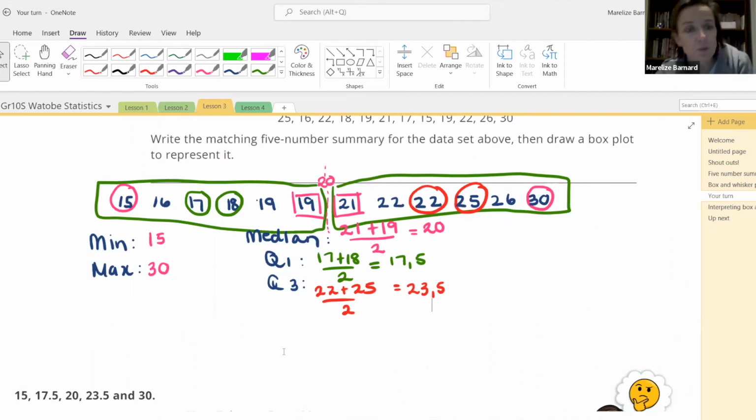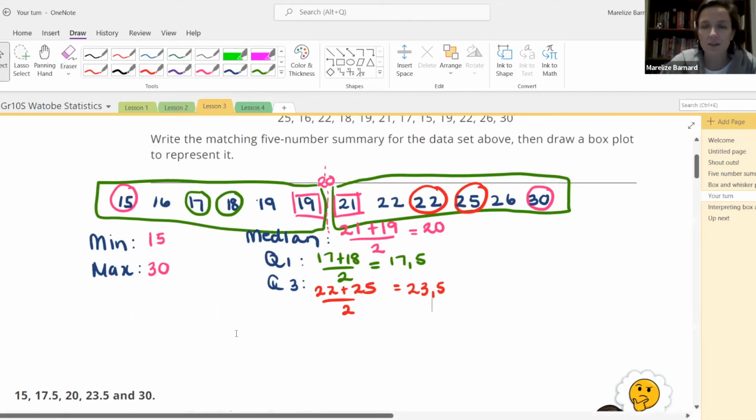If you know how to work with the formula, that's fine. But otherwise, you can just use logic like we do it over here. I'm not a fan of those formulas. I think I've said it before, just because what you're actually calculating is the position of each number. And if you don't know how to interpret your answer, everything just goes wrong.